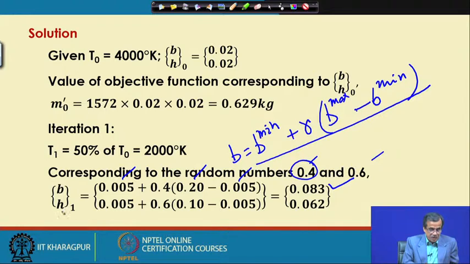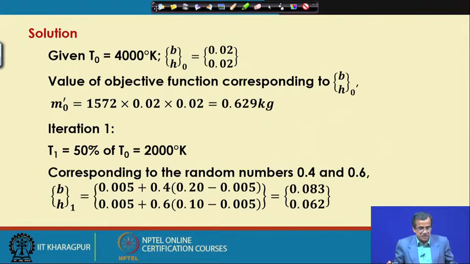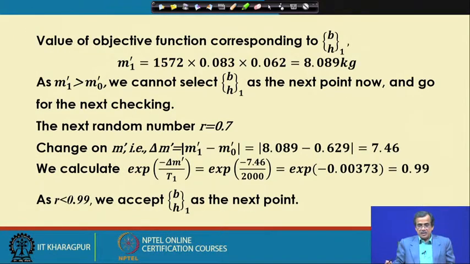Similarly, I can find out the value of H as H minimum plus the random number, that is 0.6, multiplied by H maximum minus H minimum, that is 0.062. So, we can find out the possible values for B and H for the next step. Once you have these numerical values, I will have to check their feasibility, whether these solutions are feasible or not.